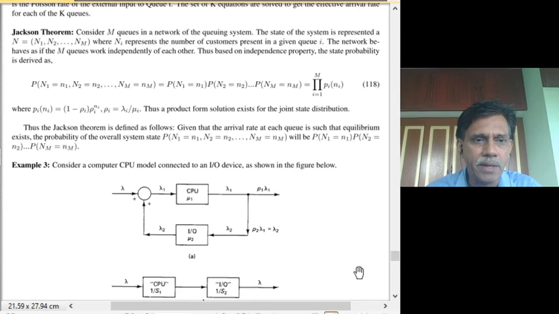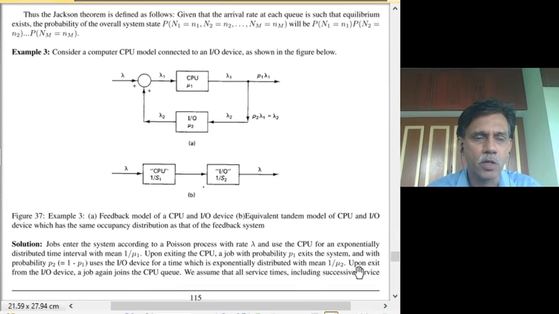We will try to apply it to this queuing system where there is a feedback now. Again, this is one of the simplest possible systems where there are just two queues with one feedback. Lambda is an external arrival rate and there is a feedback here.